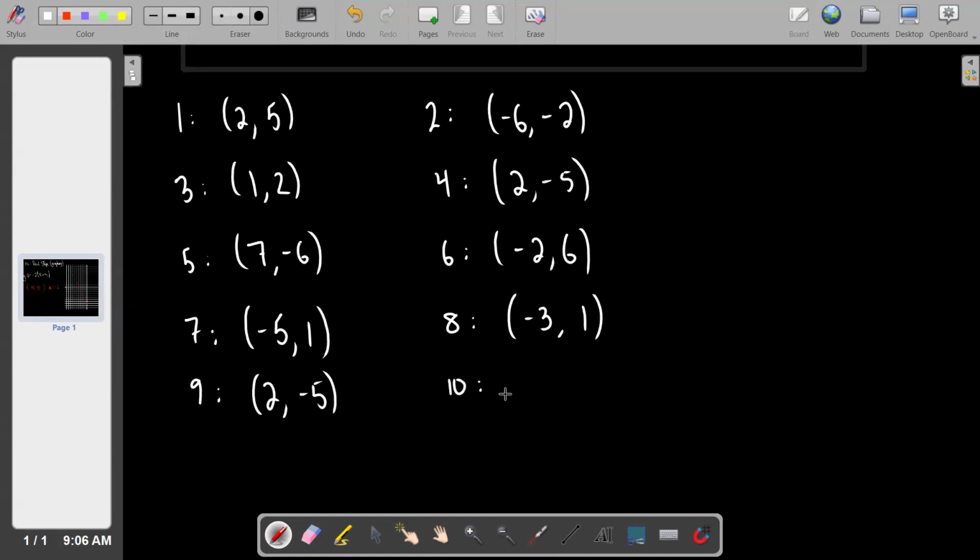Number 10, -5, 3. Number 11, please use -3, 5. And then for number 12, please use the point 3, 2. That way, the 12 answers, when I write them and scan them and post them, will match yours. Okay?